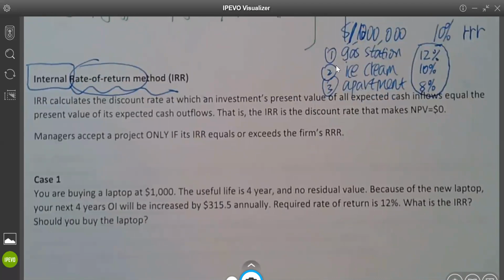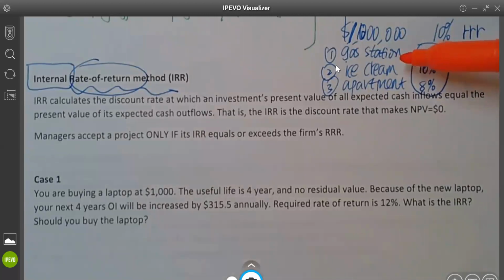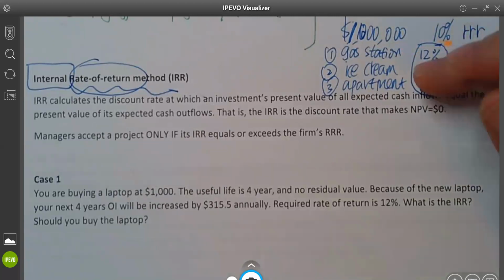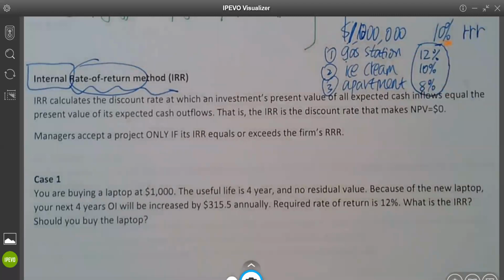You borrow money at 10% from the bank, and you use the money to invest in the gas station, this specific project, and the IRR is 12%. You borrow at 10%, this project gives you a return of 12%. What's the project NPV? Positive or negative or 0?